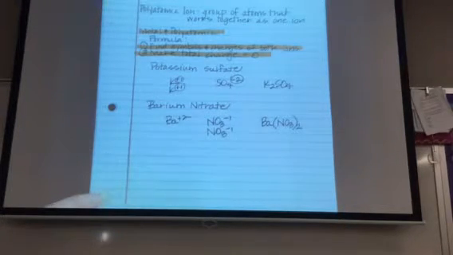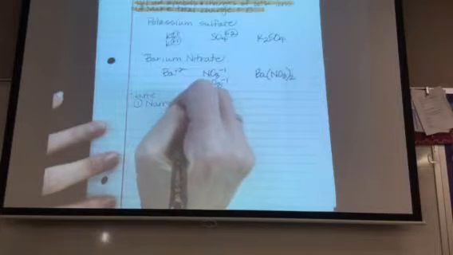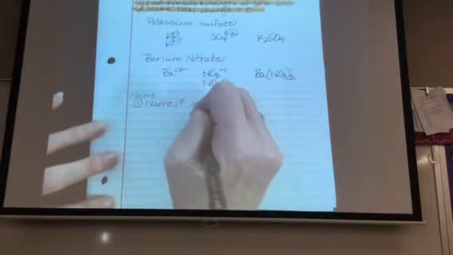Now, if I give you the formula and you have to name it, it's going to be very similar. For naming, step 1 is to name the first ion or polyatomic.